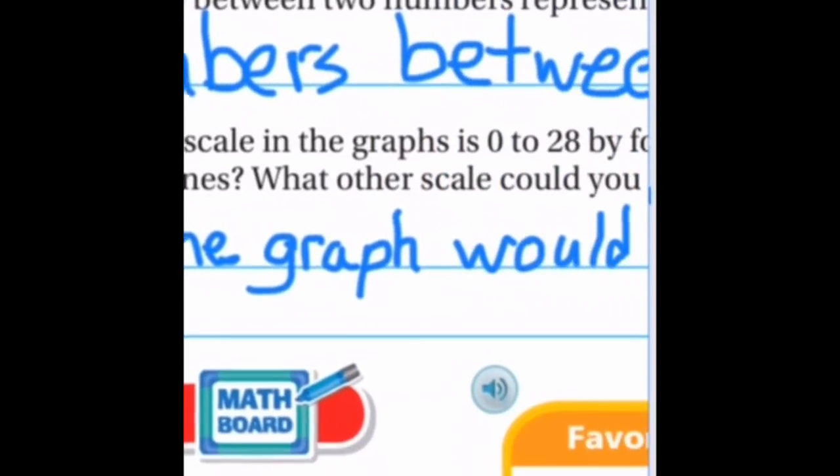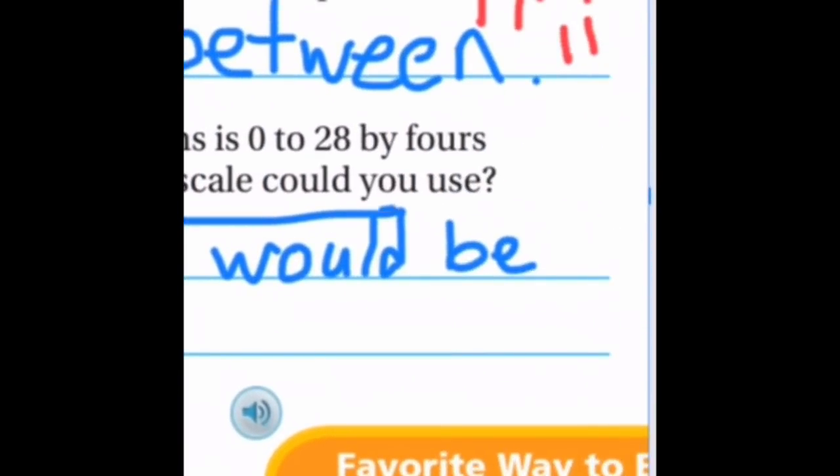The graph would be too big, all right, period.